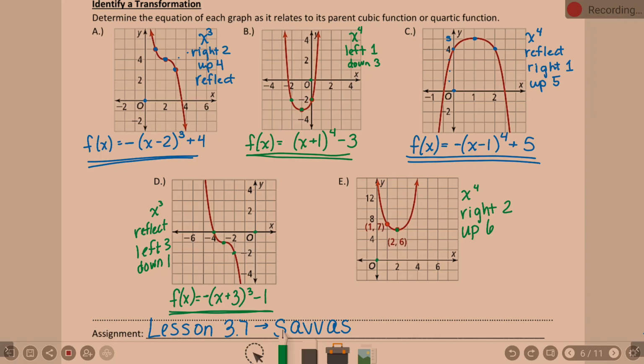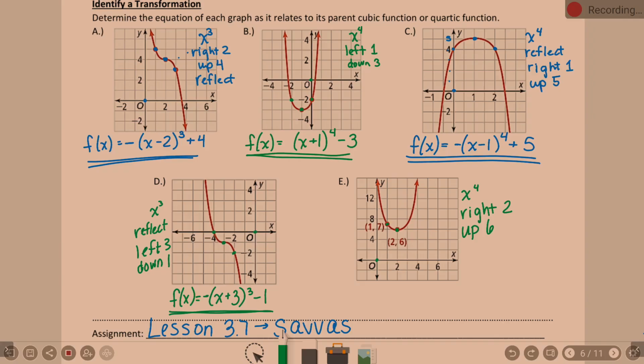Any reflection? No, it's still right side up, so no reflection. Any stretch or compression? They labeled a point for us, right? And that point they labeled, it goes from 2, 6 to 1, 7. So those just both changed by 1? They did. Did they try and trick us again? Yeah, because they labeled the x by 1s and the y by 2s.